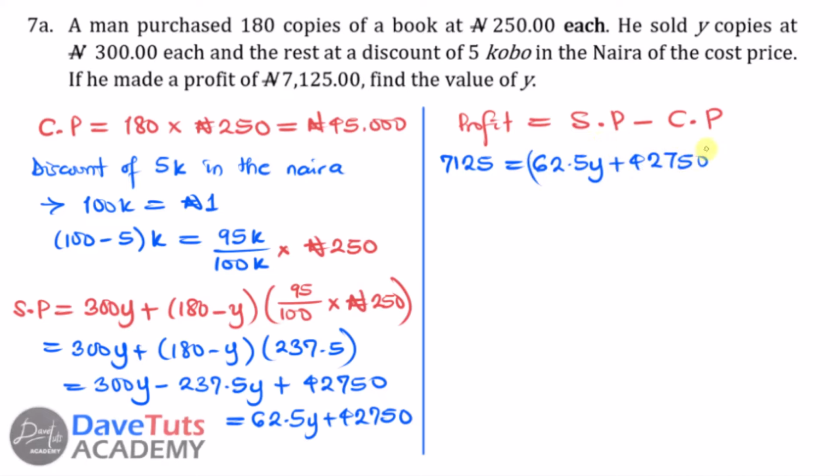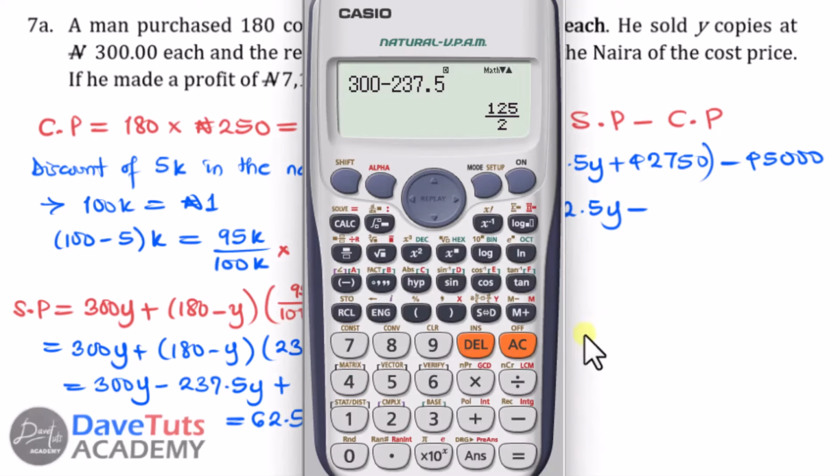Okay, let me put it in bracket, minus the cost price we got as 45,000. Okay, so we just want to simplify this, and we have 62.5Y standing alone, then 42,750 and 45,000. We can evaluate that. Let me bring in a calculator.